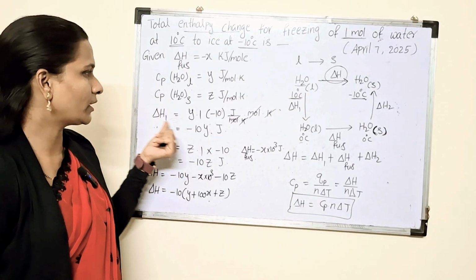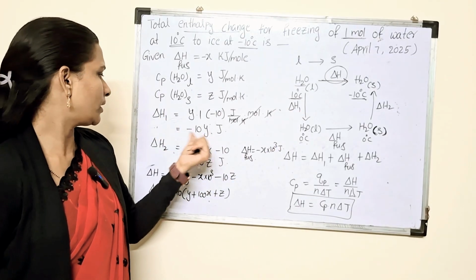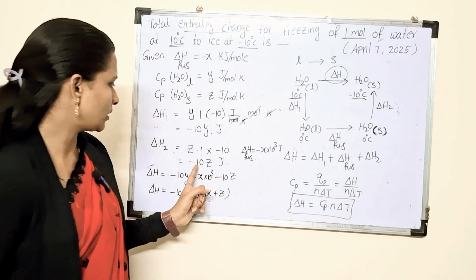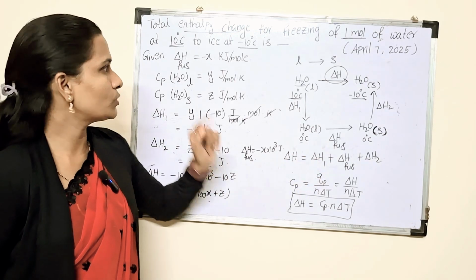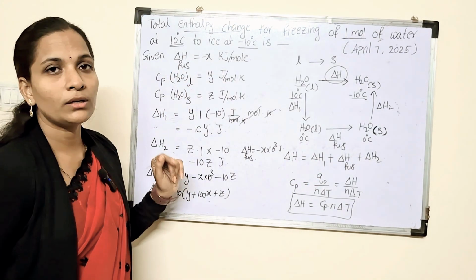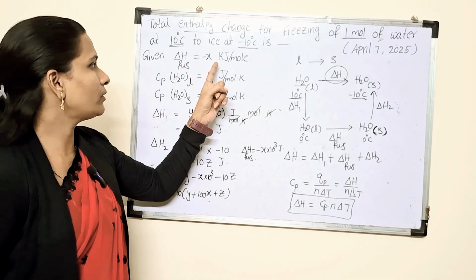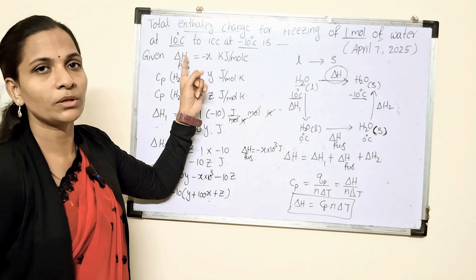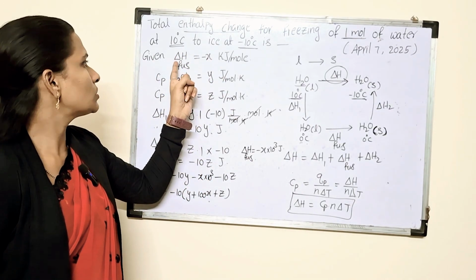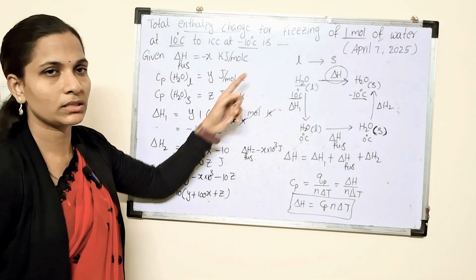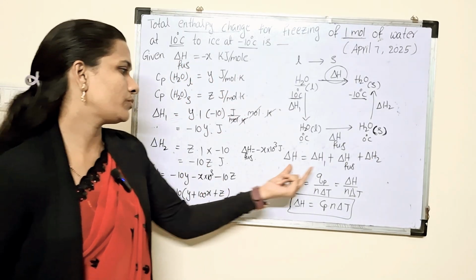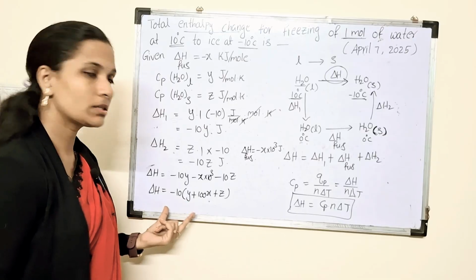If you substitute those values, we will get delta H1, and delta H2 also we can get. Delta H fusion they gave as x kilojoule per mole, but it is an exothermic reaction, so we have to keep the negative sign. So delta H fusion equals minus x kilojoule. If we substitute all the values in this, we get this equation.